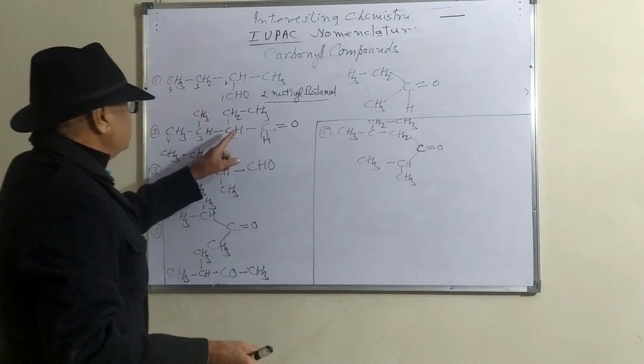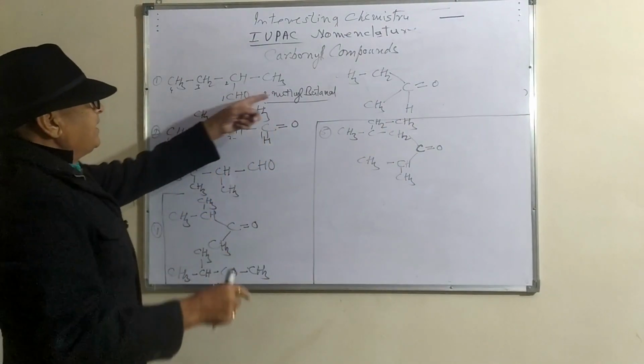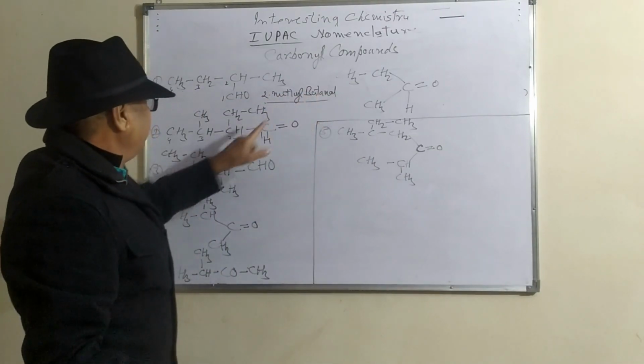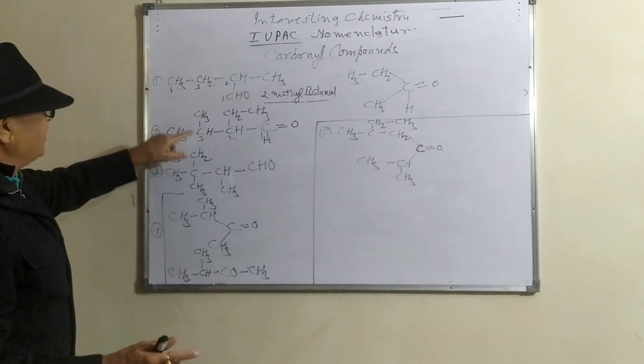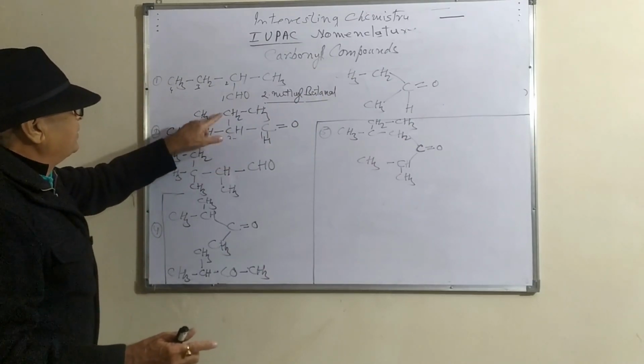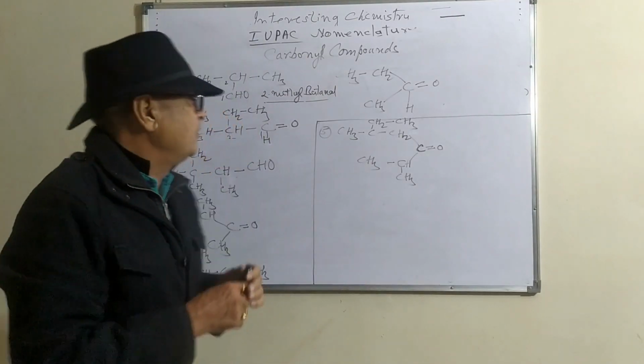So here the name of this compound will be butanal. Now you will write here 3-methyl and 2-ethyl. Which one will be written first?